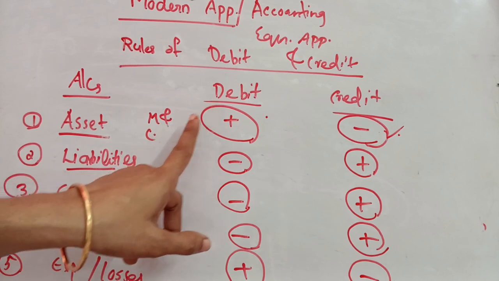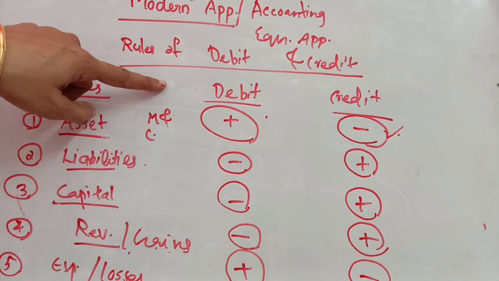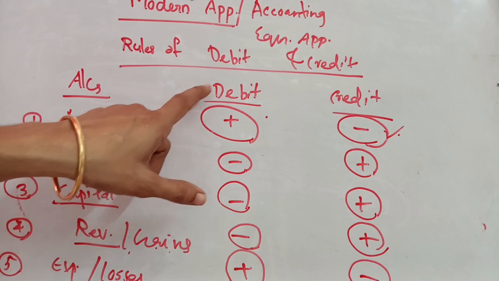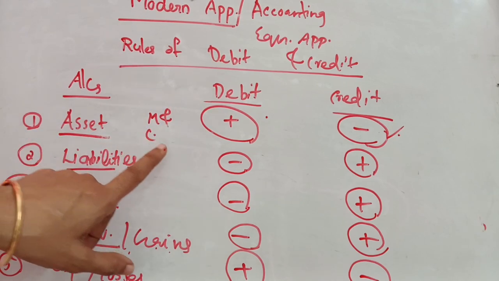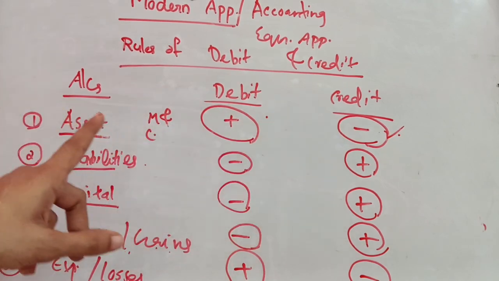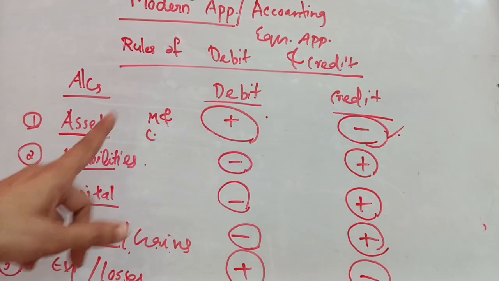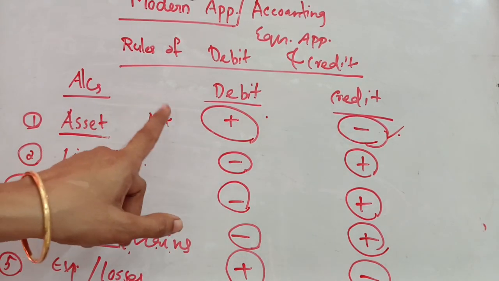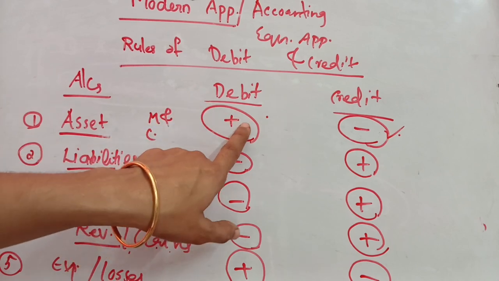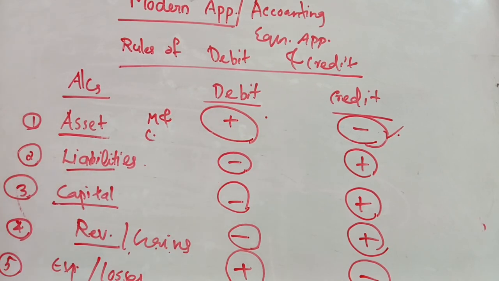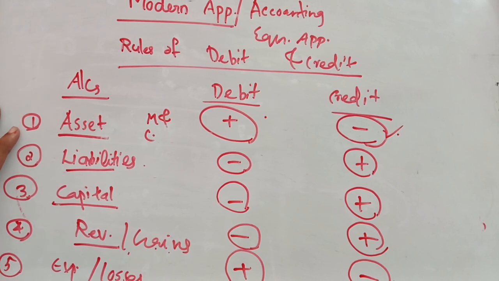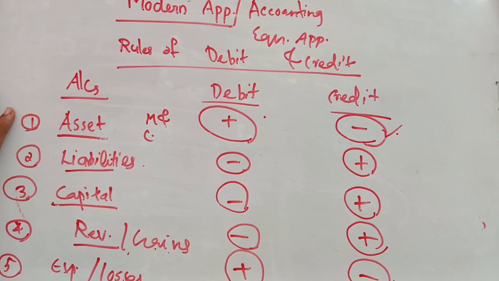So the increasing asset should be debited. Machinery account will be debited, and the cash account is credited because of the decrease in cash asset. So this is the way we apply rules for recording transactions in journal as per the modern approach.